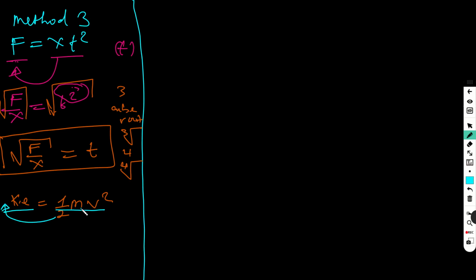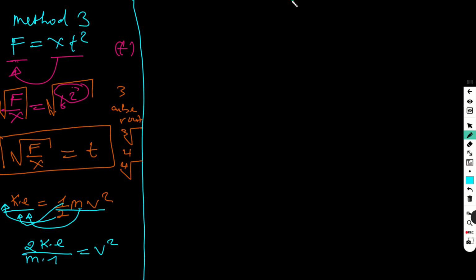Now m is below the line, you take it below to this other side, and this 1, if you want to, you take it below the line too. So what do you have? You have 2 times kinetic energy over m times 1 equal to what? V squared.